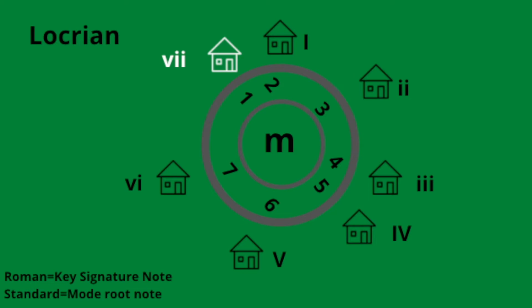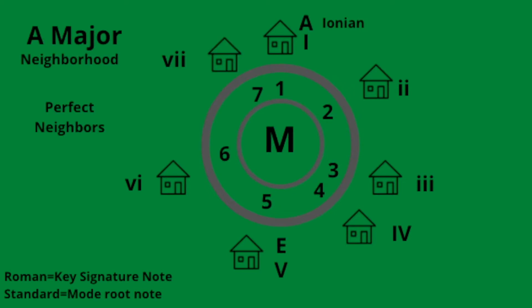So 5ths and 4ths, they're perfect, or they're augmented if they're raised, and they're diminished if they are lowered. And 3rds, 2nds, 6th, and 7th intervals, they're going to be major or minor. Minor if they're lowered, major if they're standard, per our neighborhood.